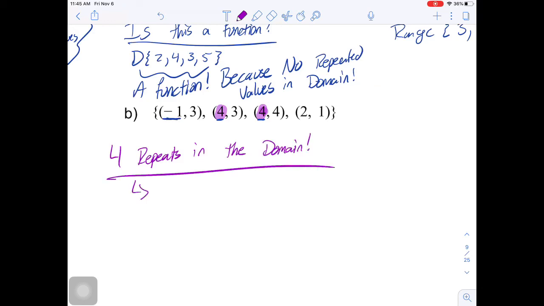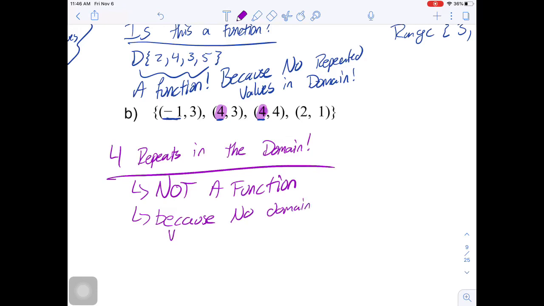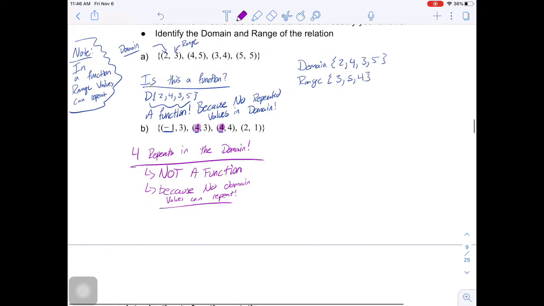If you have a repeating value, this makes it not a function. In the domain, sorry. If you have a repeating value in the domain. So not a function, and this is because no domain values can repeat. Okay, so this is not a function.